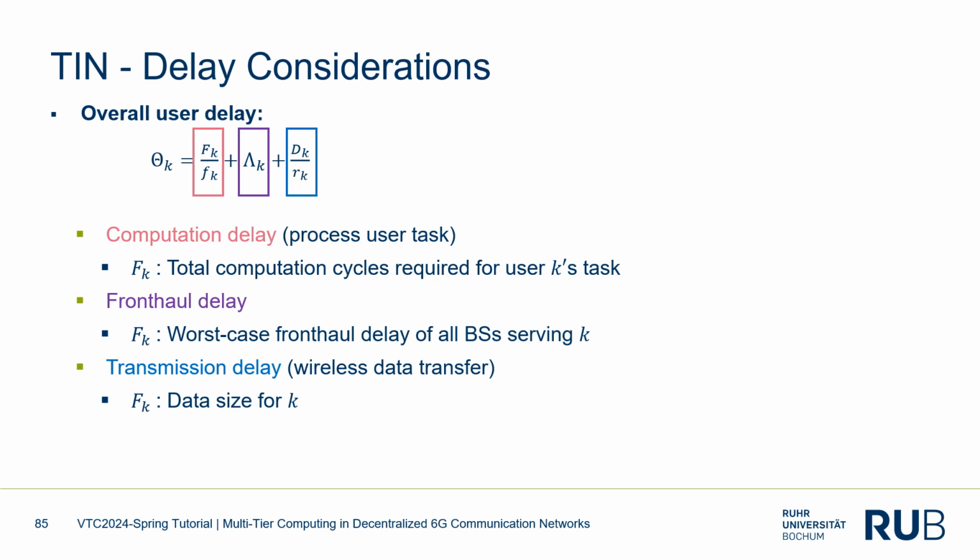The delay considerations, in this case, are for the treating interference as noise scheme, which we have previously described. So we have a computation delay, a fronthaul delay, and a transmission delay. This is valid for central cloud users, and at the edge, we can ignore the fronthaul delay.